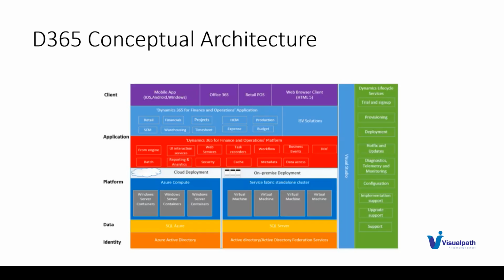The very first or second class will cover how we are going to create a program in F&O, which involves getting introduced to Visual Studio, creating a project, and writing a basic program in Visual Studio.